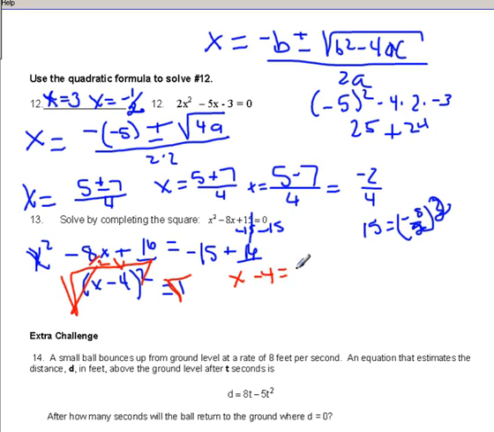So it equals positive 1 or it equals negative 1. And then you solve both of these. So it looks like one of my x's is going to be 5. My other x is going to be 3.